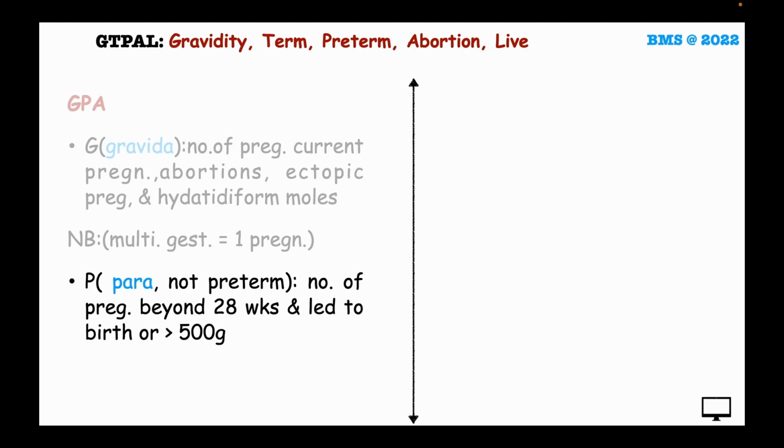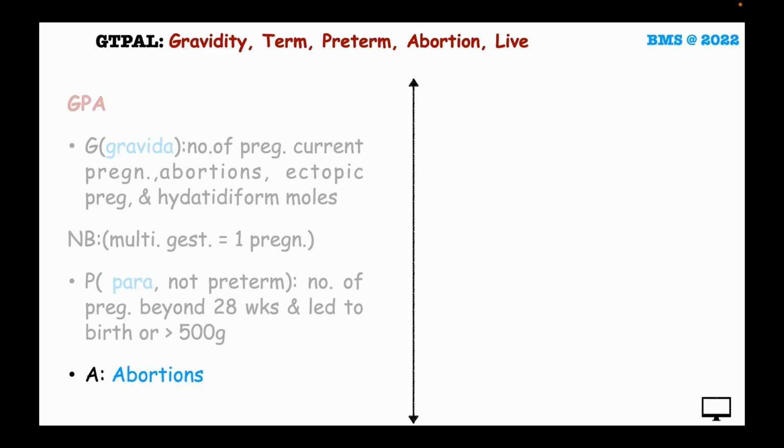But in developing countries, any delivery which occurs before the 28th week of pregnancy, we do not count it as part of the births that the woman has given. And so we consider it as abortion. And so para is the number of pregnancies beyond 28 weeks. If it's not beyond 28 weeks, you don't count it as part of the para or the number of babies the woman has delivered. Now, the A still represents abortions as we've seen before, including medically advised abortions.